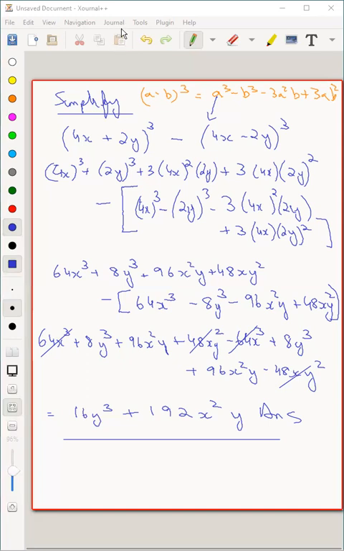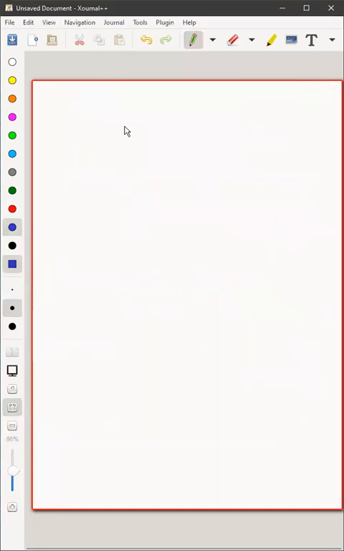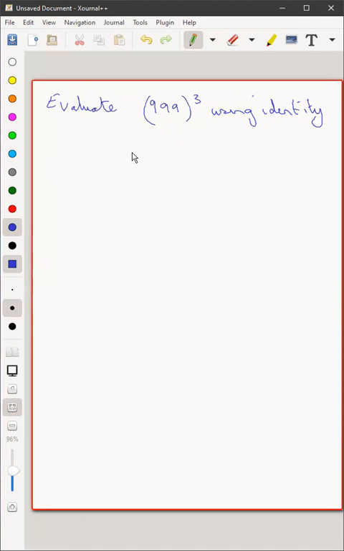Let's do another question. You all should be able to do this. Evaluate 999 the whole cube using an identity.